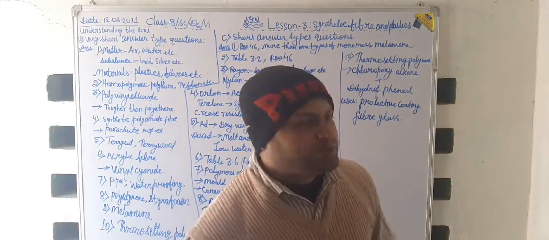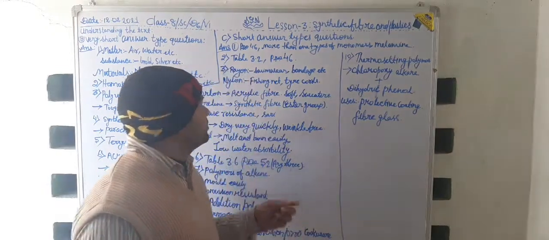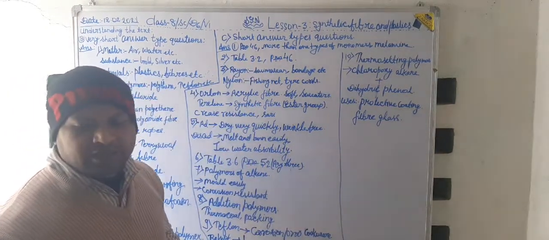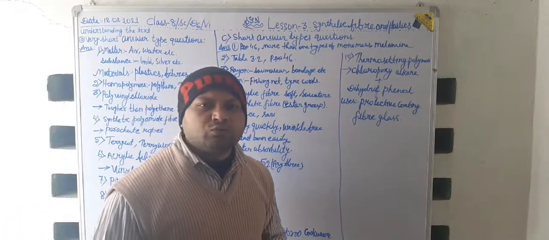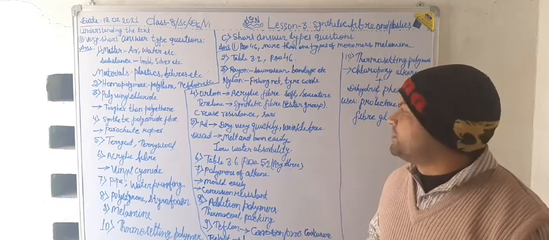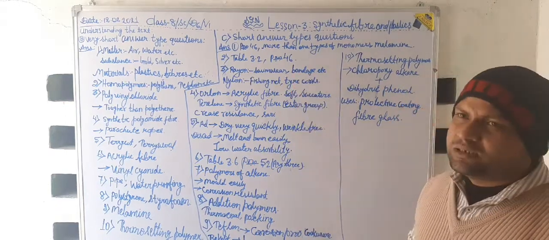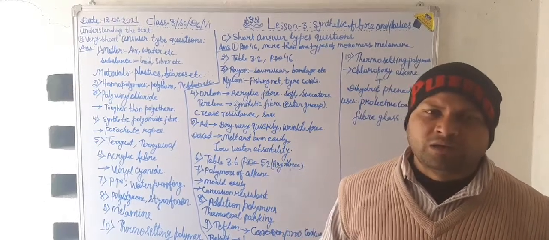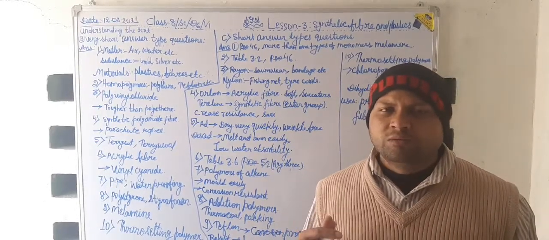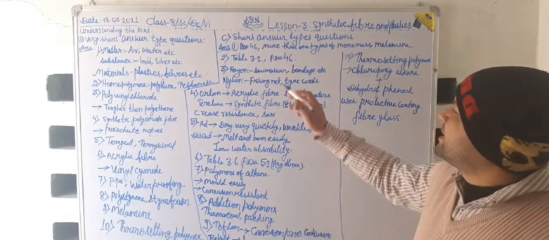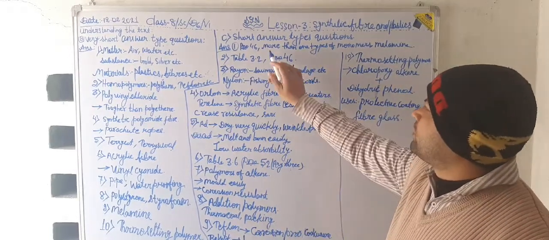Now let us proceed to short type questions. Here it is asked: what are copolymers? Give an example. Copolymers are a type of polymer that is formed by using more than one monomer.